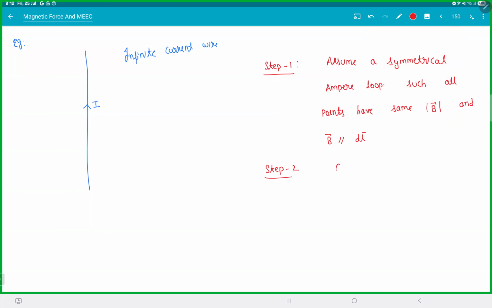Step 2, we'll use the integral of B dot dl equals mu naught I. If B is constant and B is parallel to dl, B will come out of the integral, and I can find the B value.